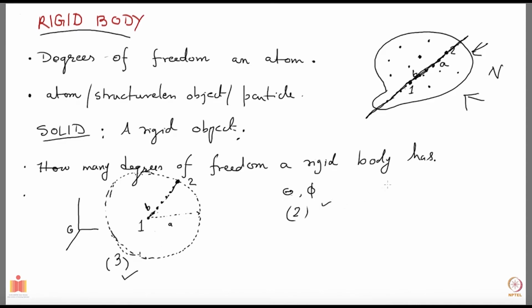Okay, so 3 plus 2 is 5, and clearly that is the degrees of freedom of a solid line, right? This entire line is completely fixed. All the particles on that line are completely fixed if you specify these 5 numbers. So a line has 5 degrees of freedom.